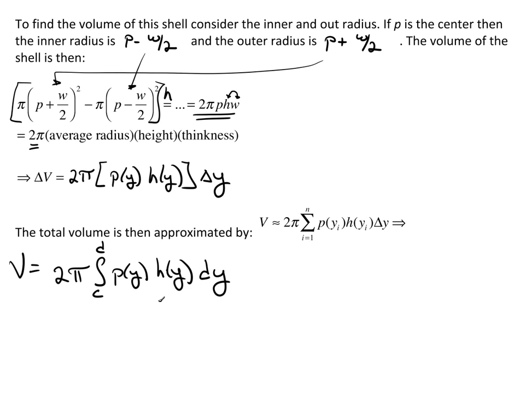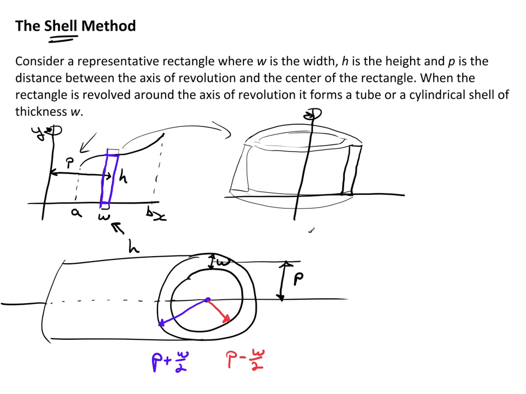So the whole point behind all this is to develop the idea: if I'm revolving around the y-axis here, I have this representative rectangle that I'm taking and spinning around, and I get this. And this rectangle I move, so the heights could be changing as a function, in this case of x. I can think of this by breaking it down and using the inner and outer radiuses to figure out the volume of this individual shell.